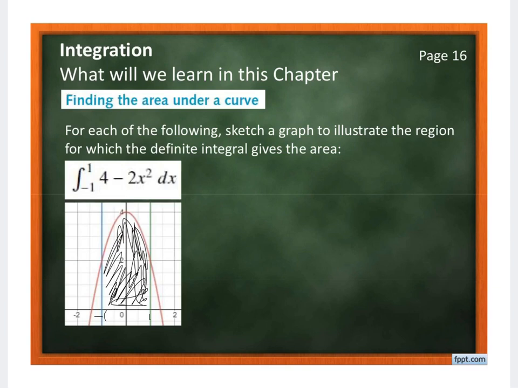Okay, to find the area, the antiderivative of this one is 4x minus 2/3 x cubed, between negative 1 and 1.